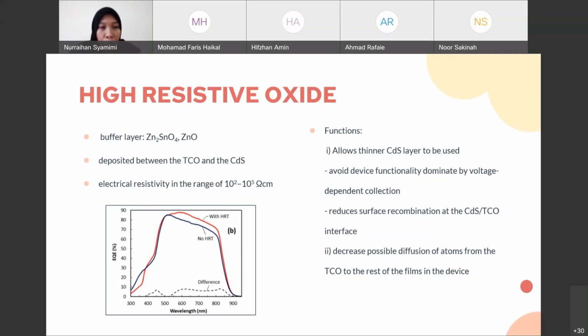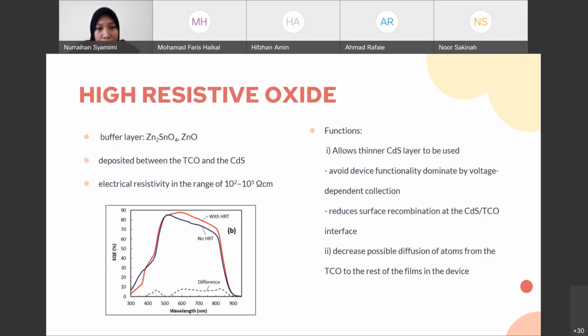The buffer layer allows a thinner layer of cadmium sulfide to be used. One proposed reason is that the space charge on the N-type side of the junction can expand into the buffer layer when the cadmium sulfide becomes too thin to balance the charge needed to maintain the space charge width on the P-type side of the junction.